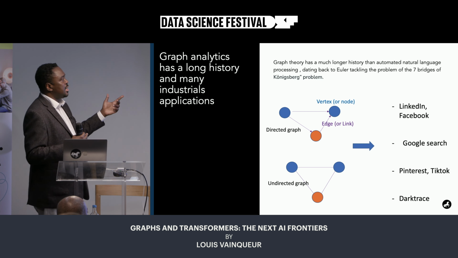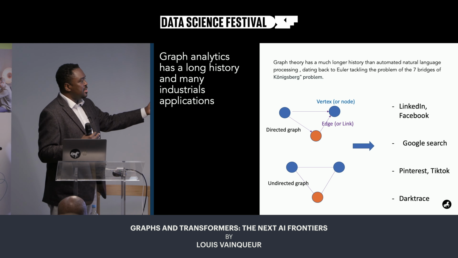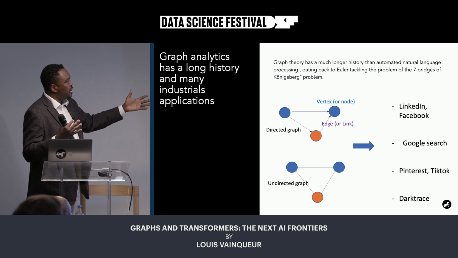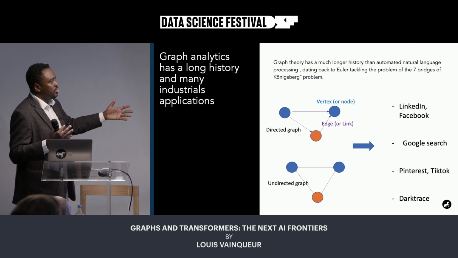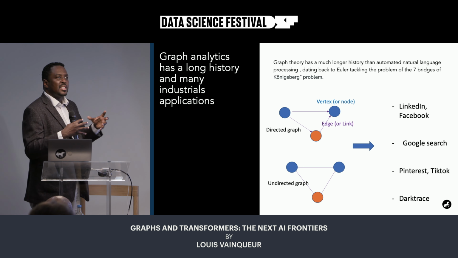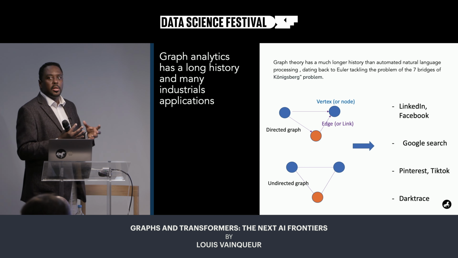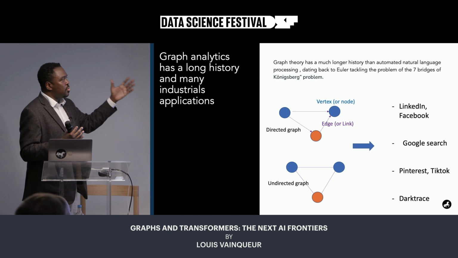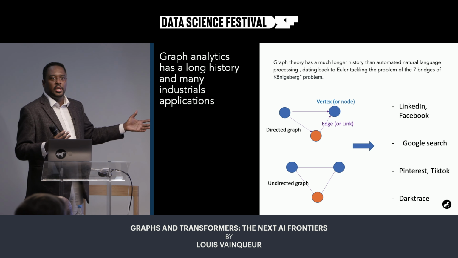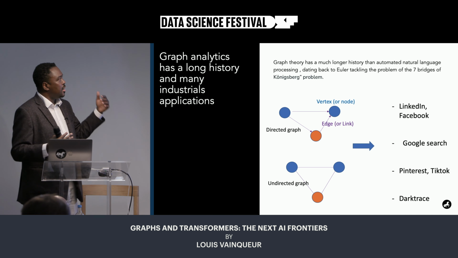But what is interesting is that all those companies that you see here have basically been created between 2000 and 2015, and they were all at their core companies that were built on the previous generation of graph analytics. So Google was built on top of PageRank initially, which is a graph algorithm.